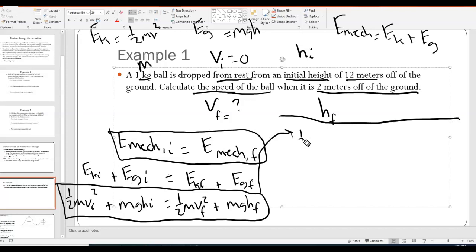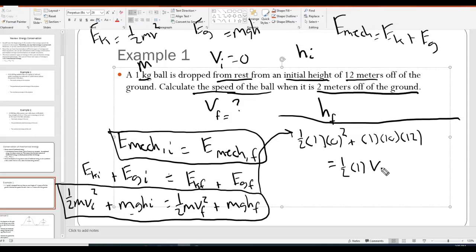1/2 times the mass, which is 1. VI, it was dropped from rest, so V initial was 0. So I'm going to put 0 squared plus, then the next thing is going to be mghi. So that's going to be 1 times 10, that's G. HI was 12, is equal to, I'm going to put the equal sign down here because I'm going to run out of space, is equal to 1/2 mv final squared.